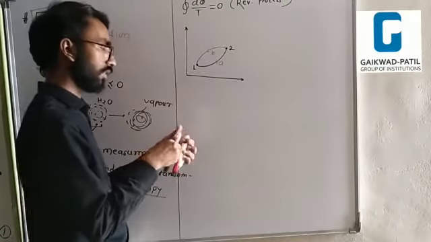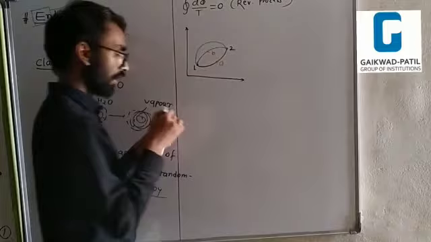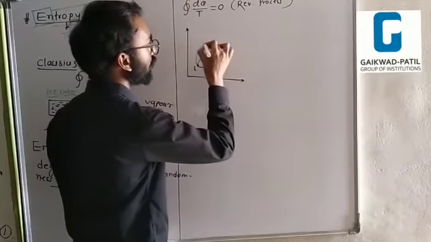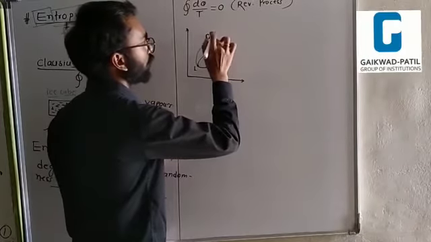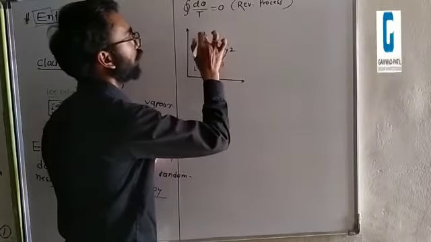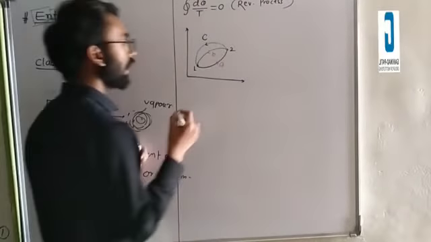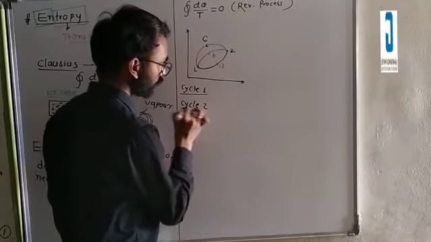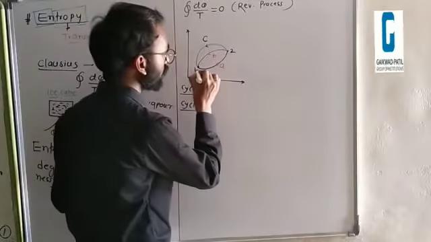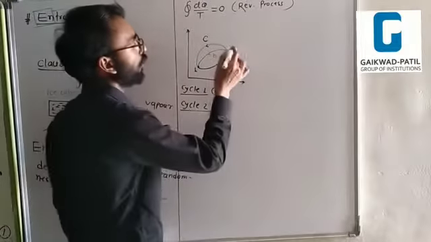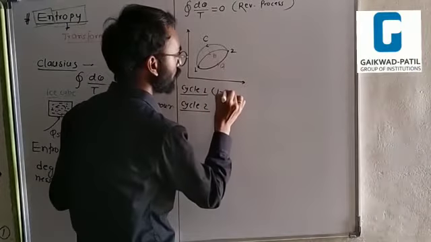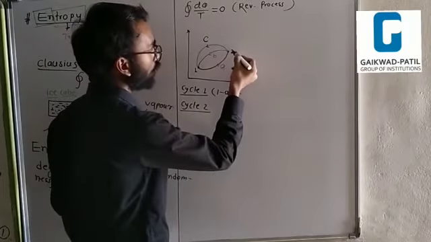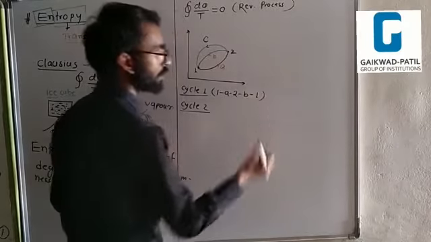And in the same way, there is a different cycle here. Now I want to go from point 1 to point 2, but return by a different path. I went by path A but I came back by path C, like this. Now cycle 1: 1A2 is one process, and 2B1 is the second process. 1A2 and 2B1 together make one cycle completed.